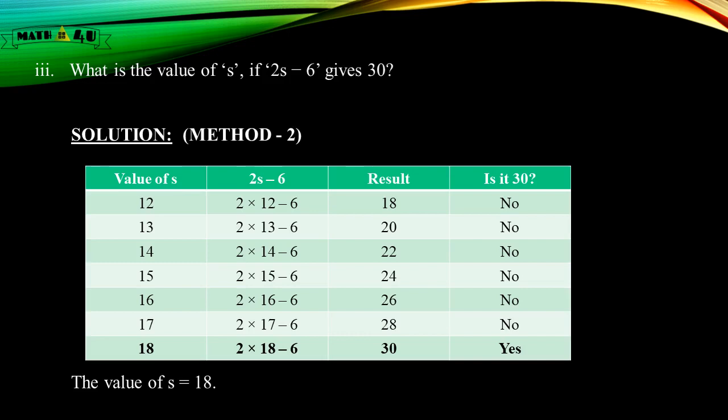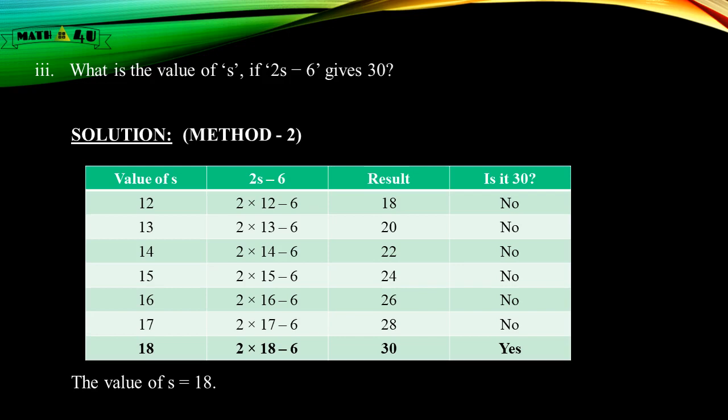Method 2. For this, draw a table with 4 columns. One is value of s, the next 2s minus 6, next result, then is it 30. For value of s, you can give any numbers. For example, if I am going to give 12, 2s minus 6 is 2 into 12 minus 6, that is equal to 24 minus 6, the result is 18, but we need 30.